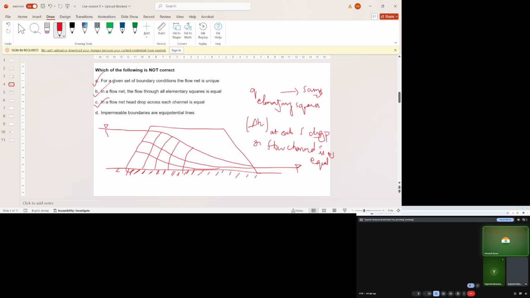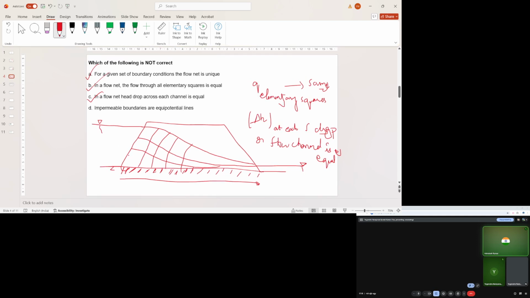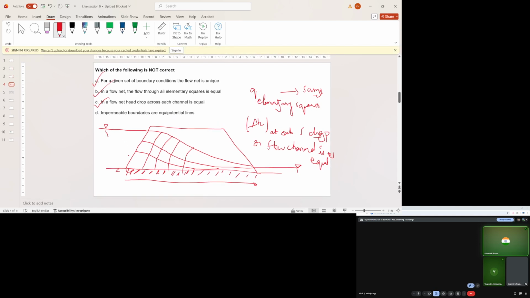So this is an impermeable boundary, right? And along this impermeable boundary, it goes from here to here. So it is what type of line? Is it an equipotential line or is it a flow line? Flow line. It is a flow line.